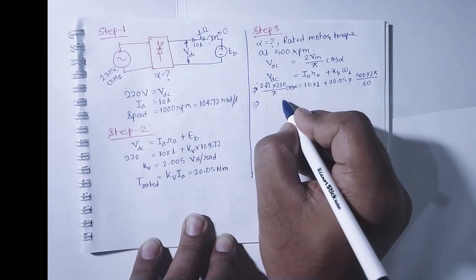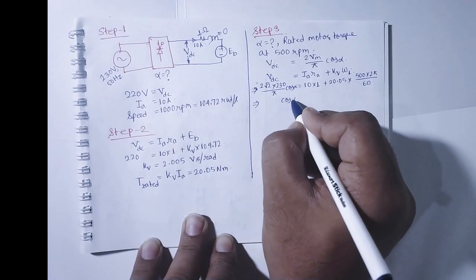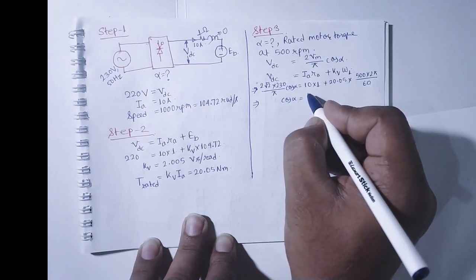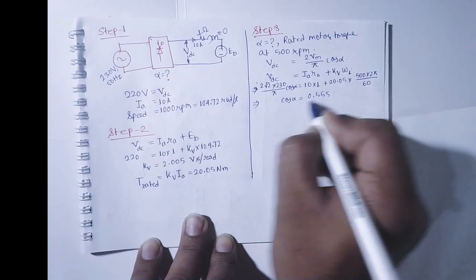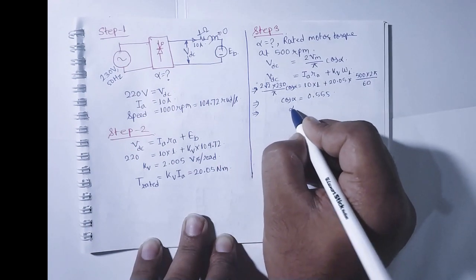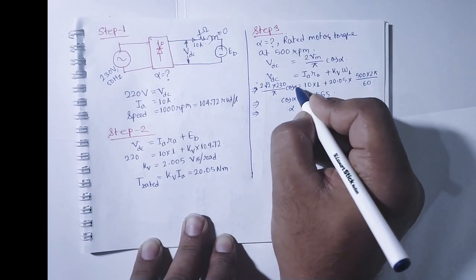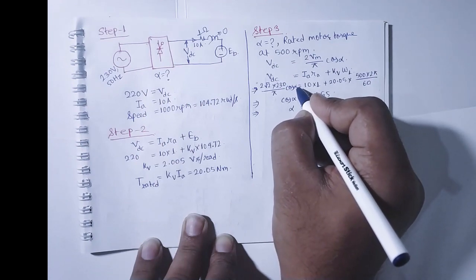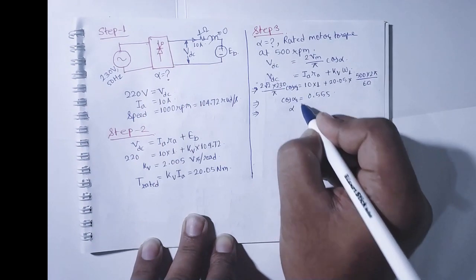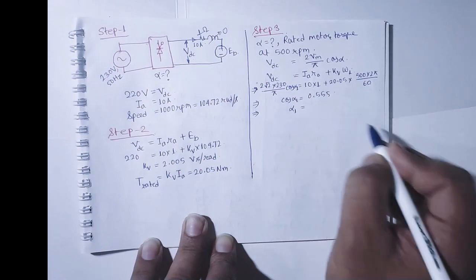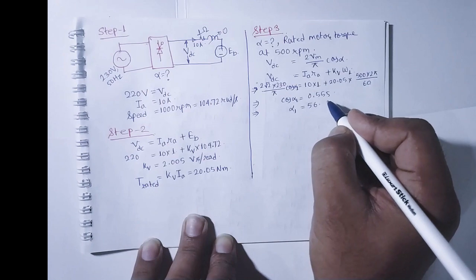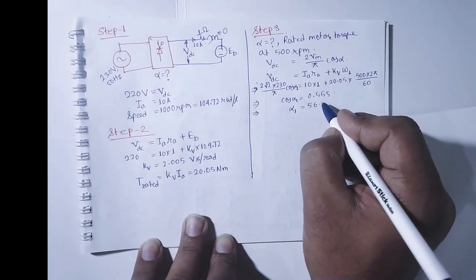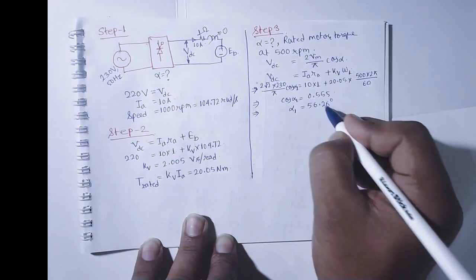So here you will get cos alpha equals 0.555, where the firing angle, let us call it alpha 1, equals 56.26 degree.